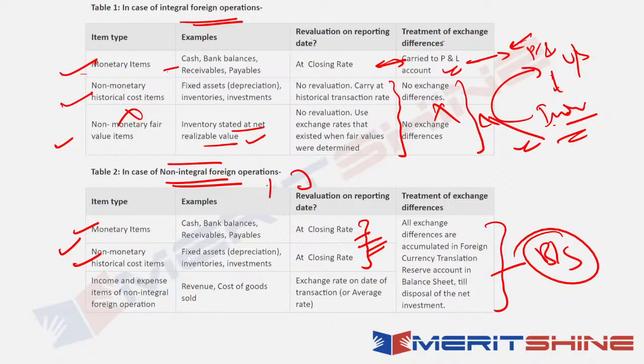For non-integral foreign operation, I don't think they will ask you beyond this. What happens is that it will all get revalued at your closing rate. The exchange rate on the date of transaction applies only to the income and expenses of the non-integral foreign operation, and any revaluation is passed on to the balance sheet. There is nothing more than this, right Shivangi? Only their treatment is different, right?